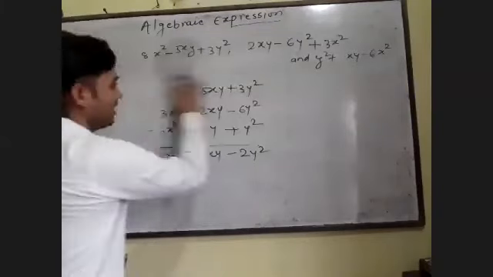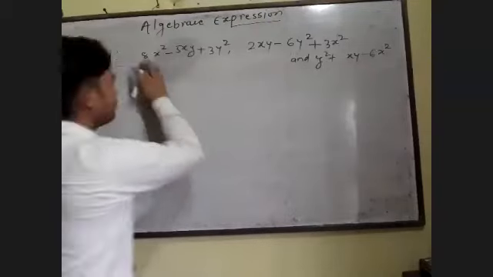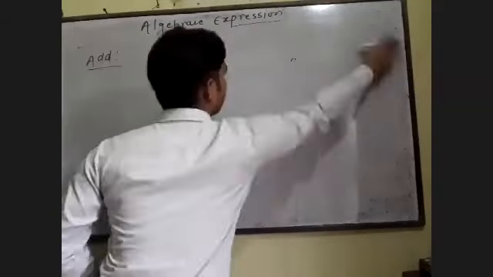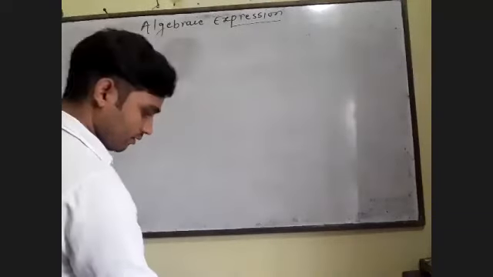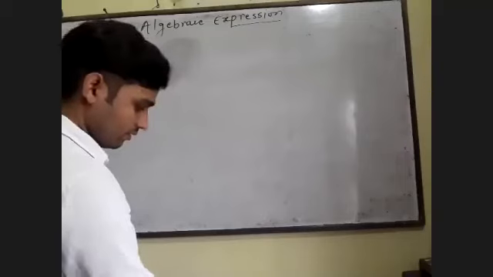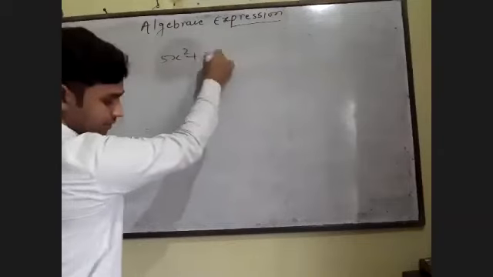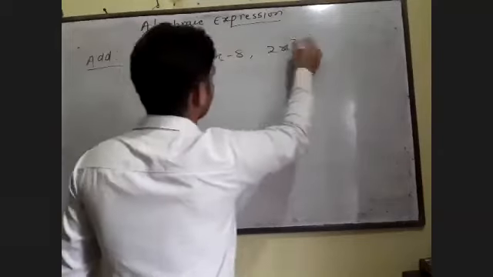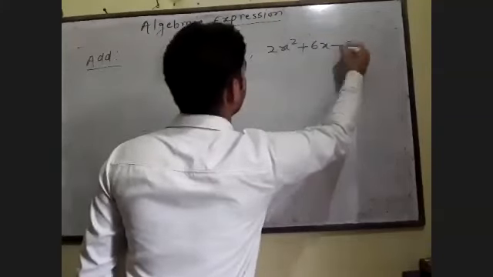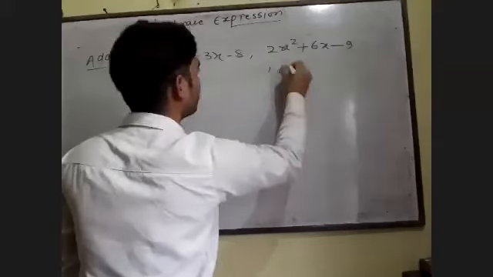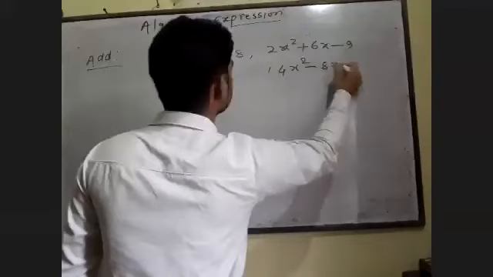Next, you have to do it by yourself. Let's see. Write down: 5x square plus 3x minus 8, 2x square plus 6x minus 9, 4x square minus 8x plus 10.